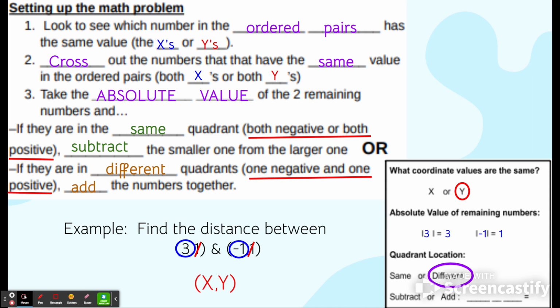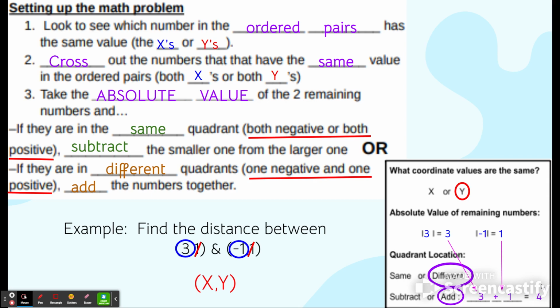And because it's different, that means we're going to add. Remember, when we're doing this math down here, we are using the absolute value. So we are adding the absolute value of 3 and the absolute value of -1, which is 1. So we have 3 plus 1 equals 4.